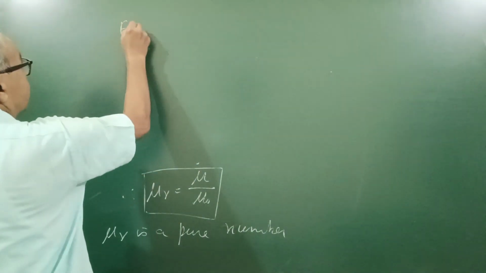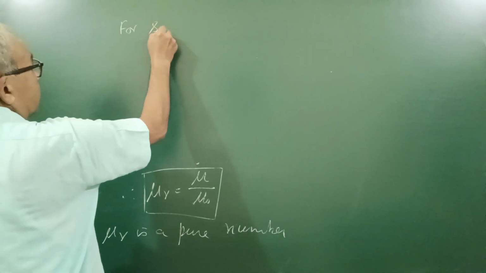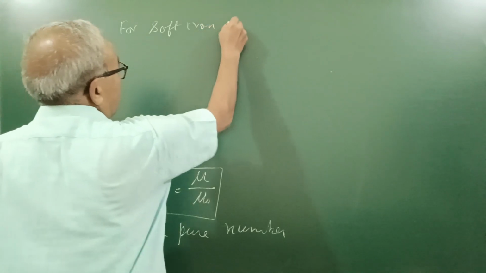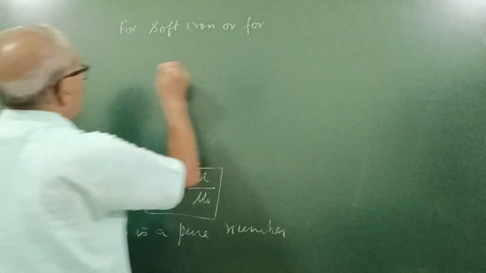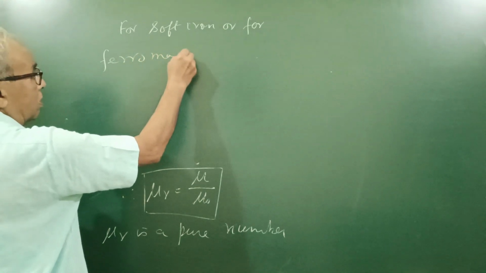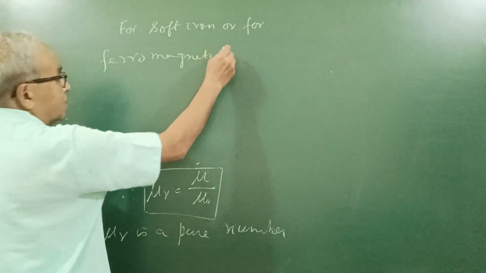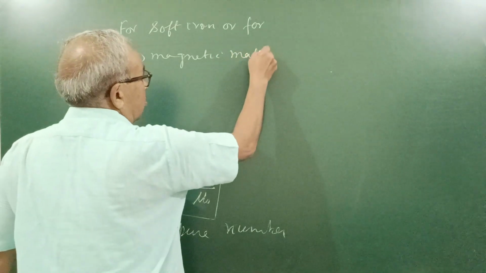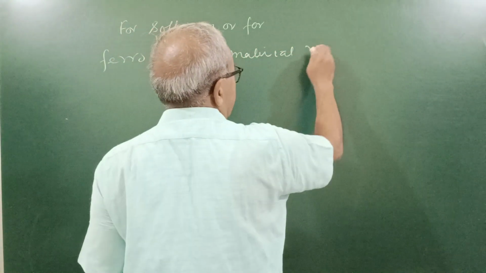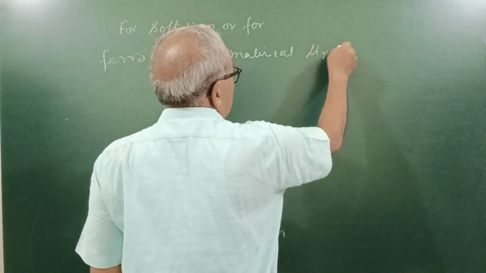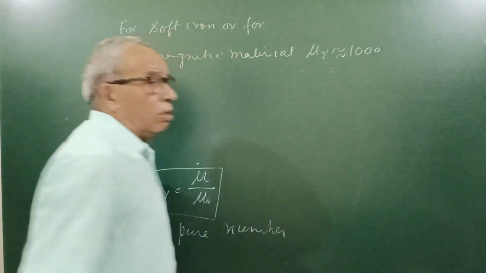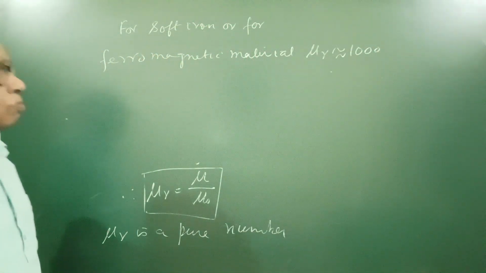For soft iron, or you can say for ferromagnetic material, mu r is close to 1,000, 800,000 like that.